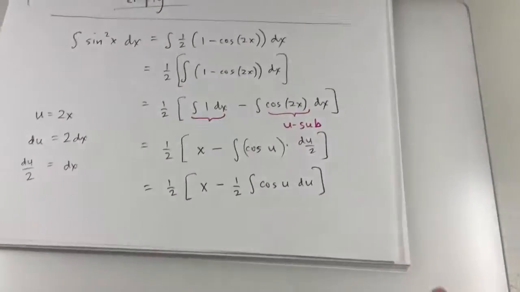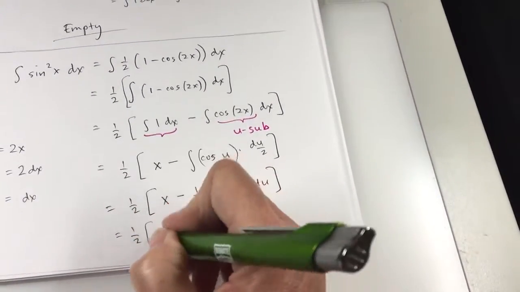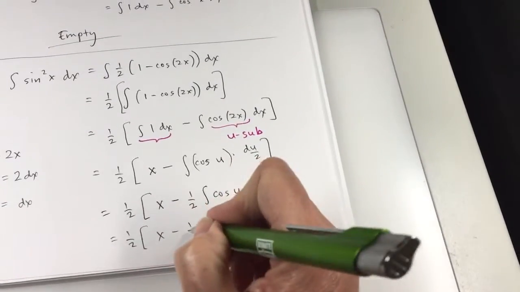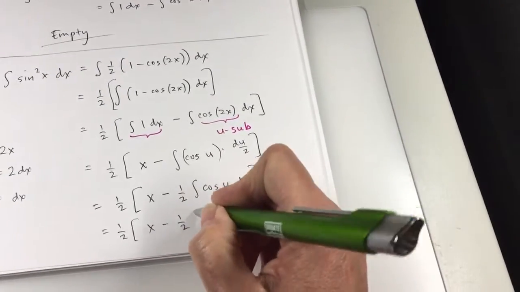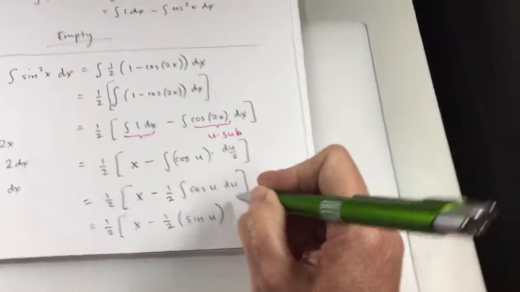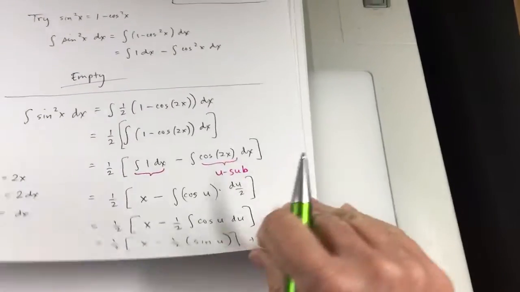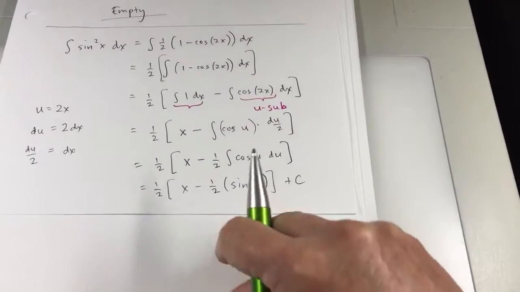The integral of cosine u du is sine. So it's 1/2 times sine u, right there. I'll put on the plus c. Okay, we'll go to a new page.